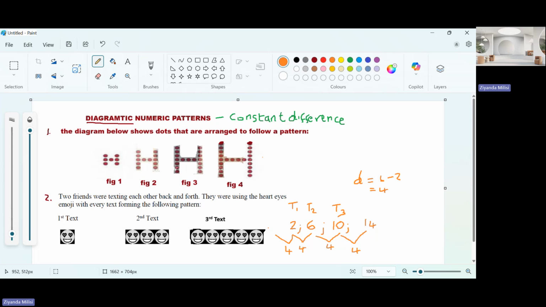Definitely, it is negative 2. Negative 2 plus 4 will give you 2. All right, I hope it's clear.